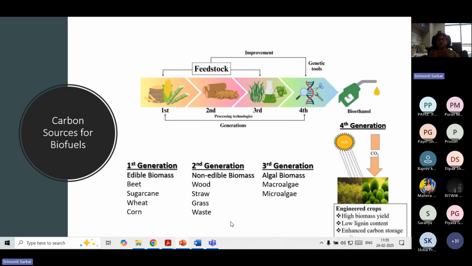So we are talking about the circular economy, where waste that is generated because of human activity can, instead of contributing to environmental pollution, be used to produce biofuels. And the third generation is where, again, whether it's the first generation or the second generation, this requires land, this requires fresh water, because you have to grow it.